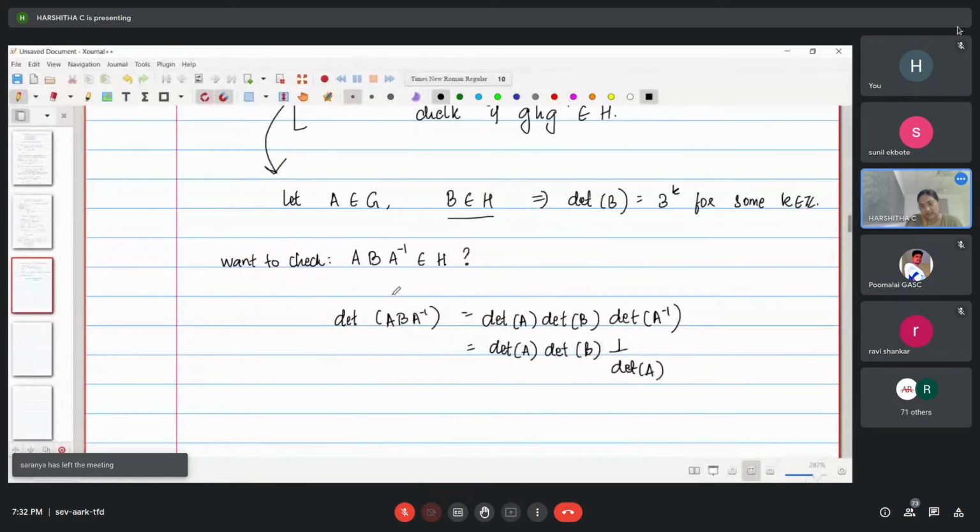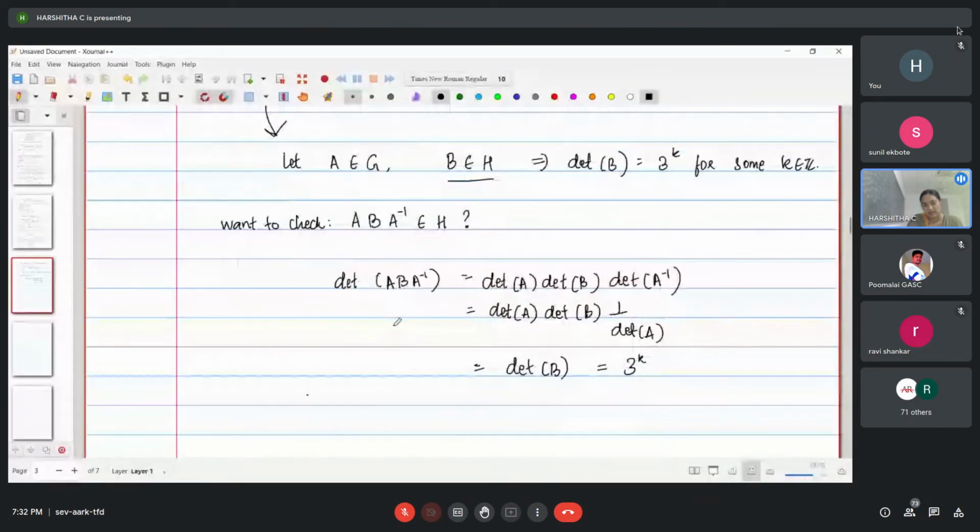So we get that it is equal to determinant of B, which you already know is of the form 3 power k. So A B A inverse belongs to H, which implies H is a normal subgroup.